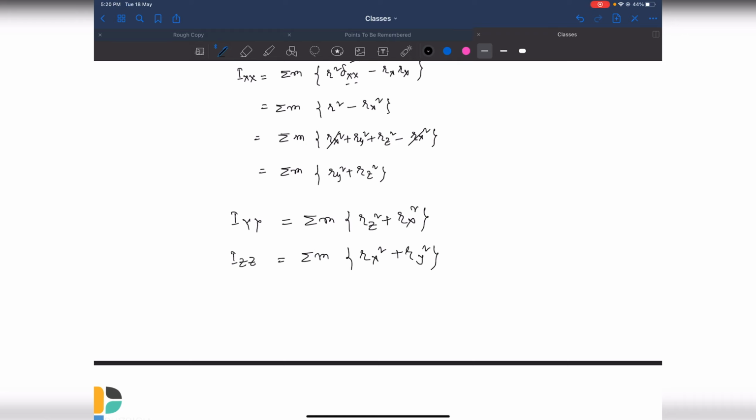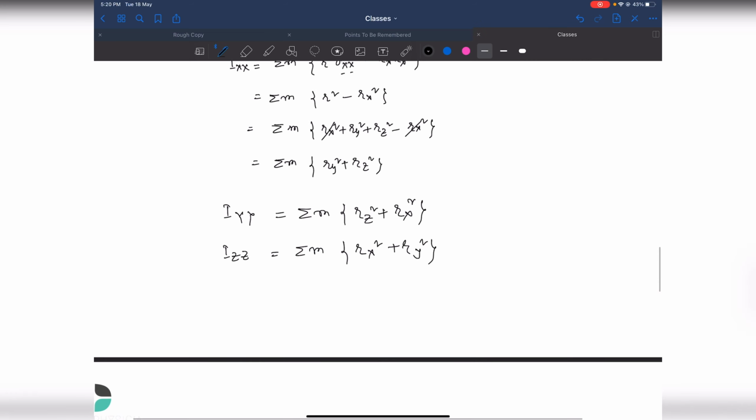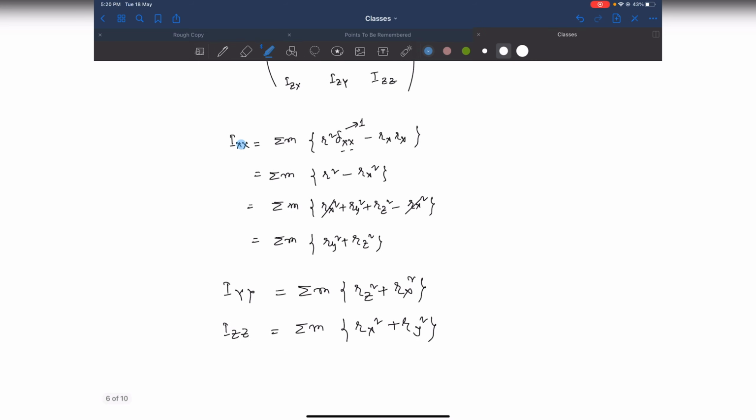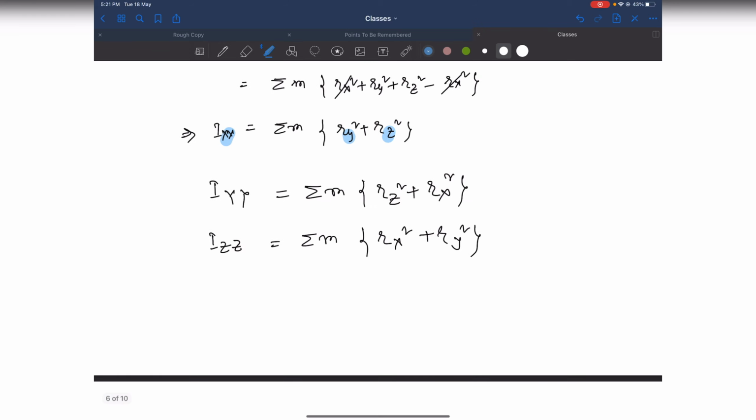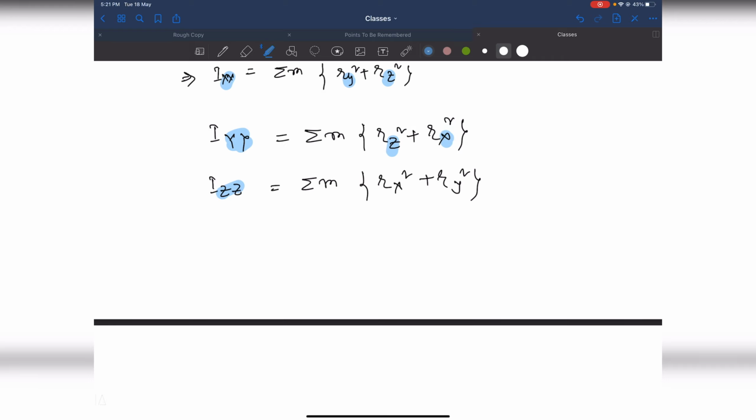Now the trick of writing this is, when there is xx, the next term will be y and z, so it will be the summation of y and z. Similarly when you use y, we will have the next two terms, that is z and x, and for zz it is also the same, it will be the summation of x and y.